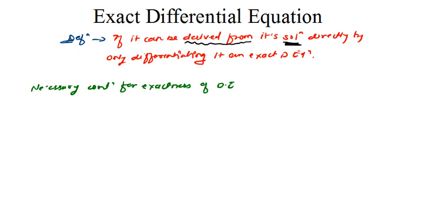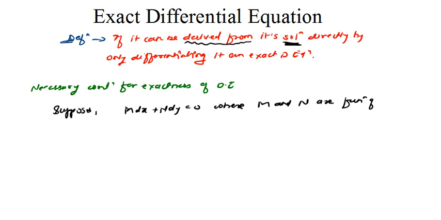That is the necessary condition for the exactness of any differential equation. Okay, suppose we have a differential equation M dx plus N dy equal to 0, where M and N are functions of x and y.